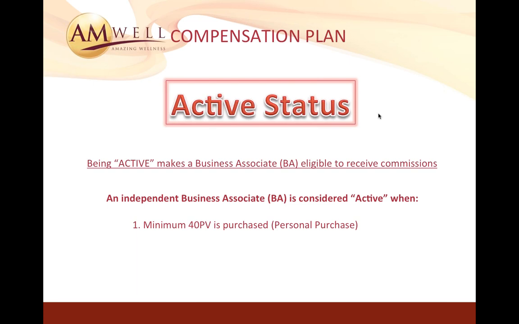As long as you have a minimum of 40 PV, you're considered active. The second way of being active is if you enroll a new member. So you personally enroll a new BA with at least 100 business volume or more. That means if you were to sign up a new member, as long as they have 100 BV or more, that also makes you active for that month.